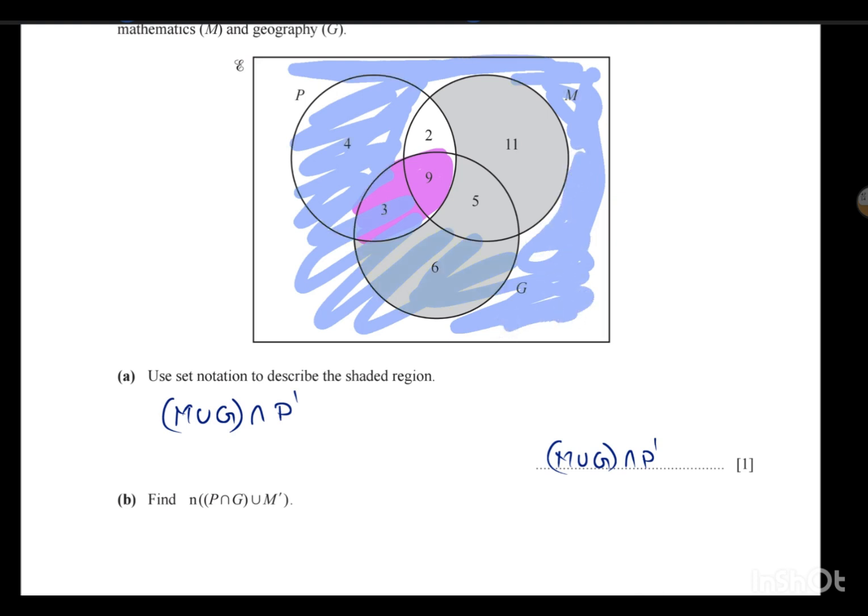So the whole shaded part you have to take. When you see the numbers in the shaded part, you will see 9, 3, 4, 6. Yeah, add them.